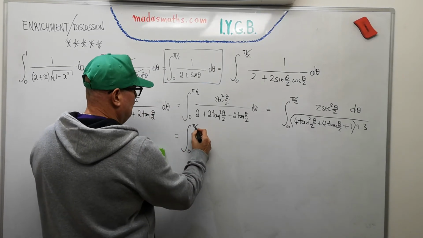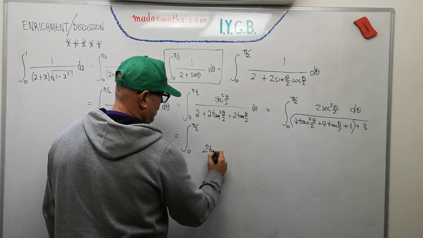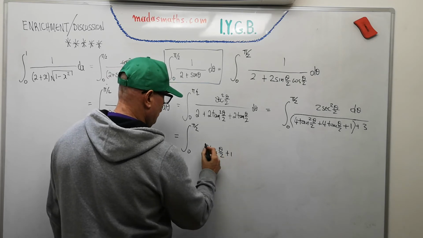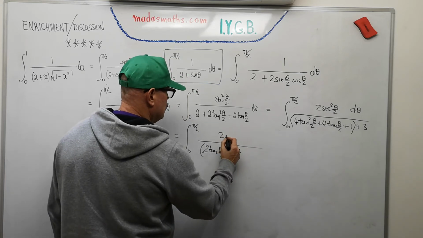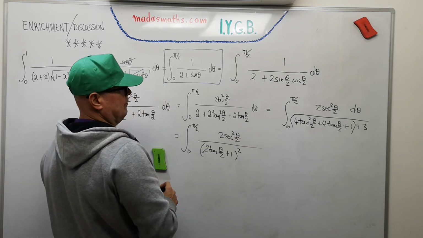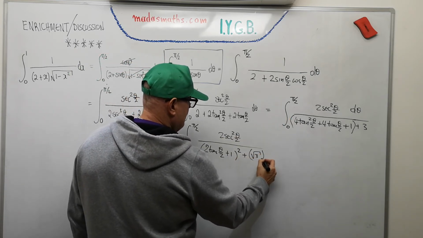The limits are 0 to pi over 2. This is a perfect square: 2 tan of theta over 2 plus 1, all squared. That's on the denominator. On the top we've got 2 sec squared of theta over 2. And the plus 3, because I'm trying to create an arctan, I'm going to write it like this.